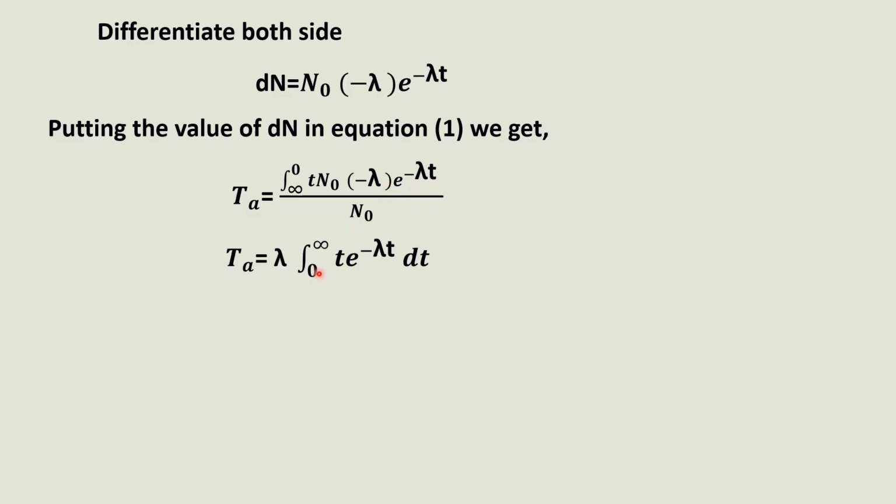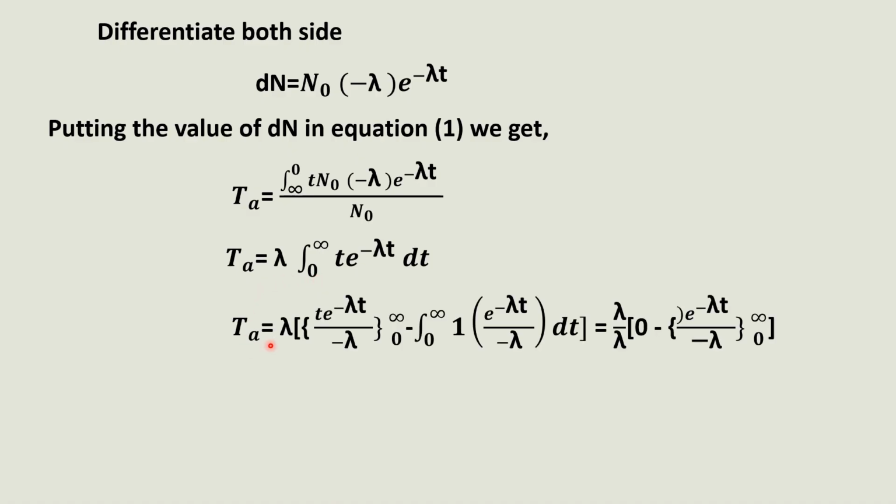So we change the limits of this integration: TA is equal to lambda outside, and the integration with limits 0 to infinity of t e to the power minus lambda t dt. The minus sign is removed by changing the limits of the integration, and lambda is outside the integral because it is constant.